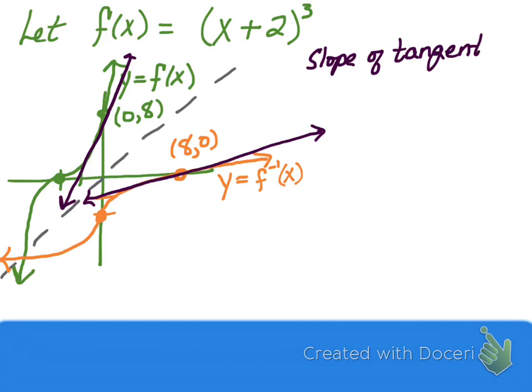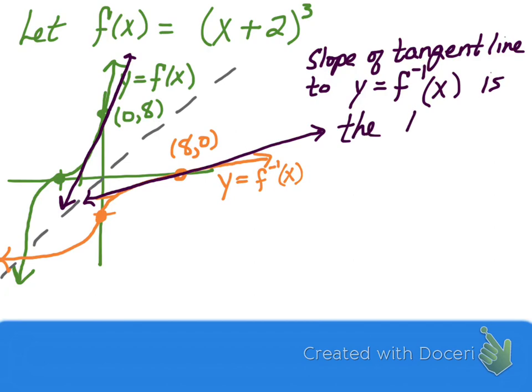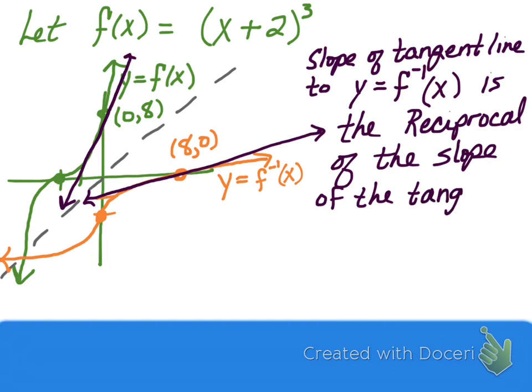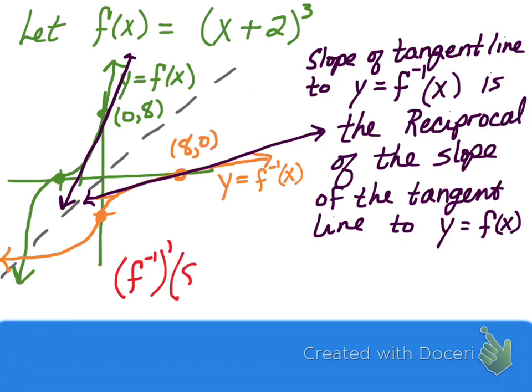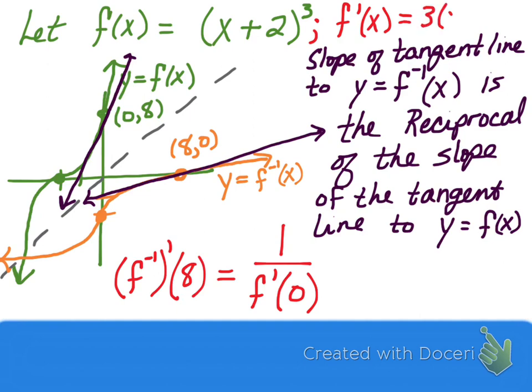The slope of the tangent line to the inverse function is the reciprocal of the slope of the tangent line on the original function. So f inverse prime at 8 is 1 over f prime at 0. We can find f prime at 0 by first taking the derivative of x plus 2 quantity cubed, and we can get its derivative by using the chain rule, and we get 3 times x plus 2 squared.